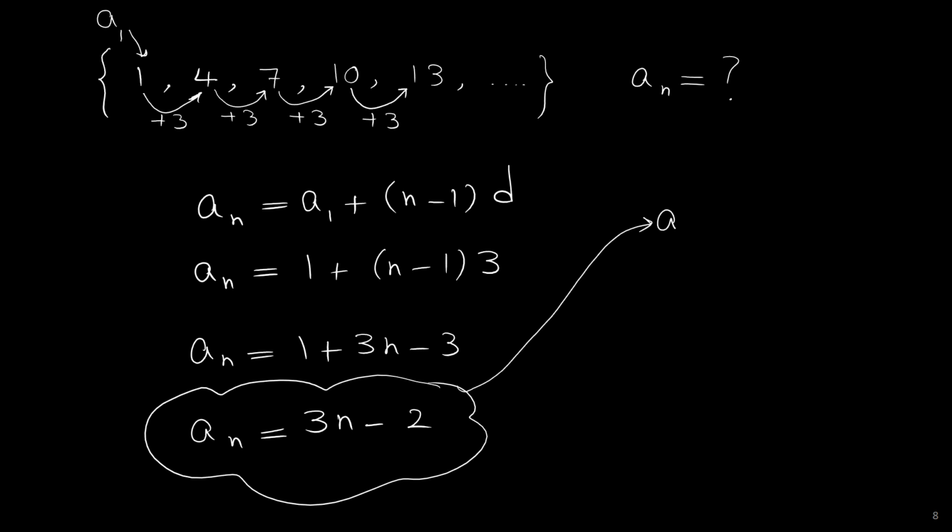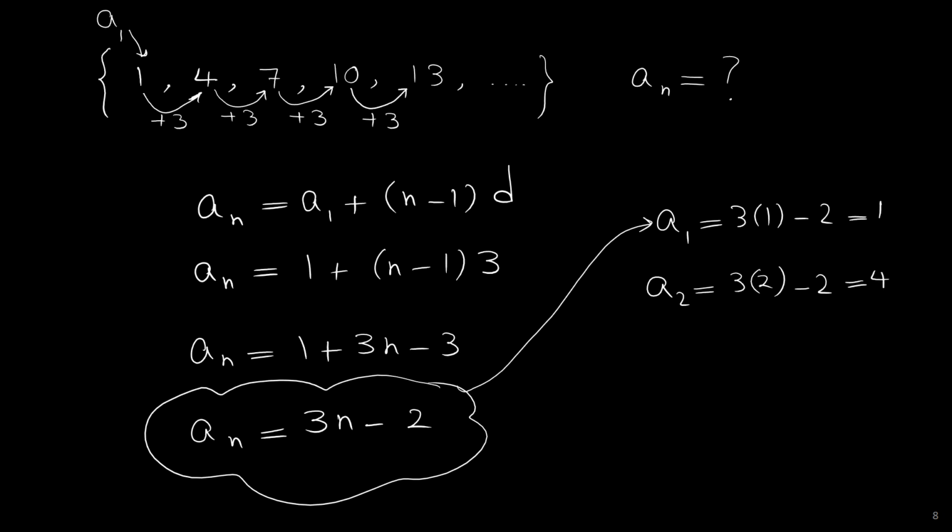For example, if we plug in 1 for n, we get 3 times 1 minus 2, which equals 1. And the first element of this sequence is also 1. If we plug in 2 for n, we get 3 times 2 minus 2. 3 times 2 is 6, minus 2 equals 4.